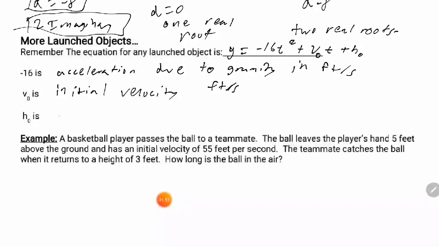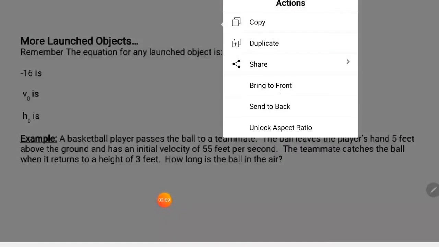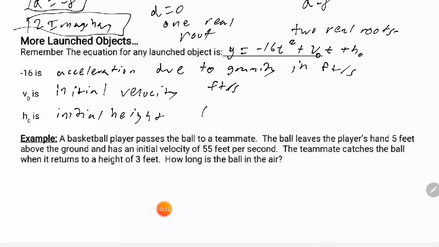And then h naught is our initial height of the object when launched, or thrown, or jumped off, however these problems go.